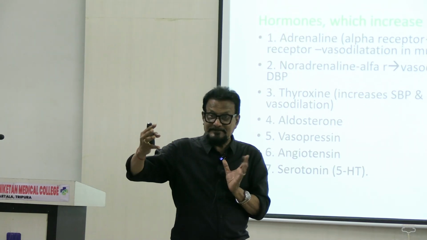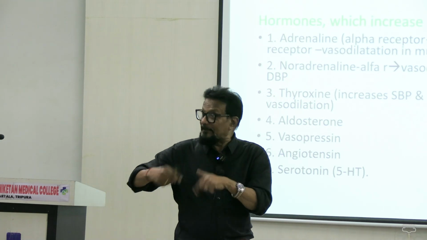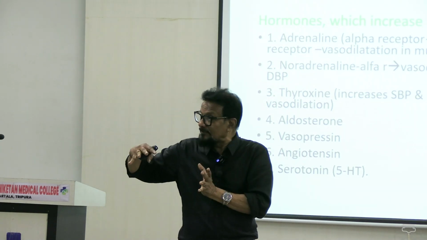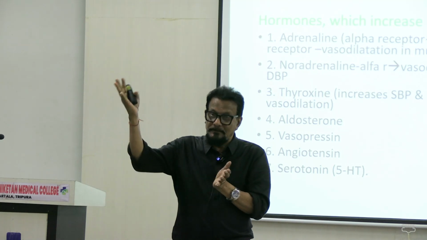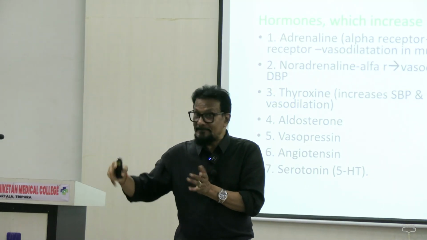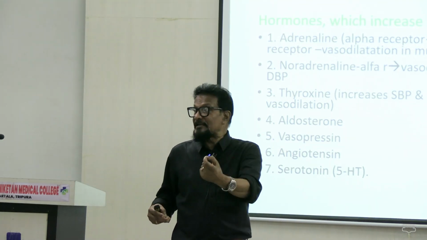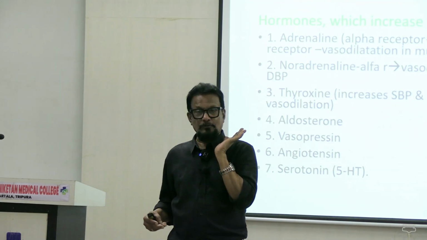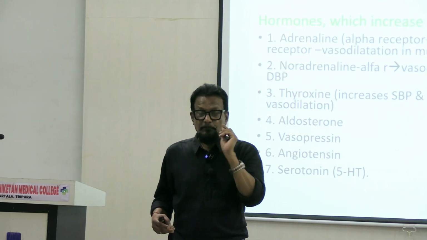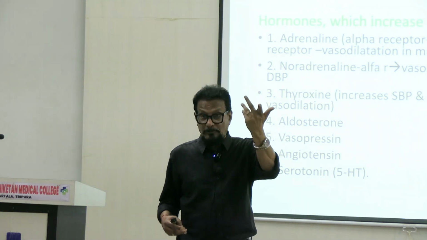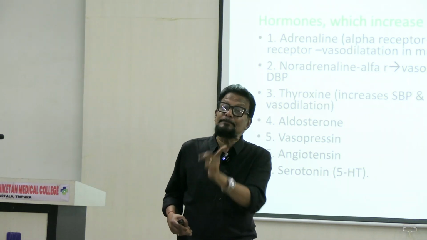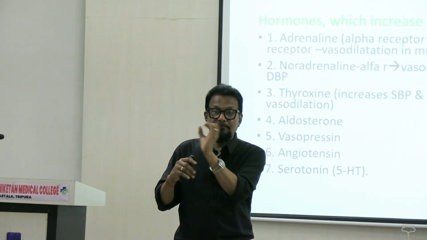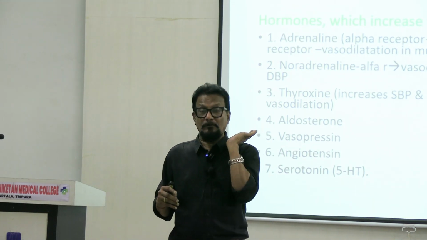So if blood vessels are dilated by these metabolites, then what will happen? Resistance will be less, so diastolic pressure will be less. More resistance, more diastolic pressure. Less resistance, less diastolic pressure. Always remember this thing. Somebody having high diastolic pressure means he is having high peripheral resistance. Either viscosity is more or blood vessels are constricted, so that is the cause.